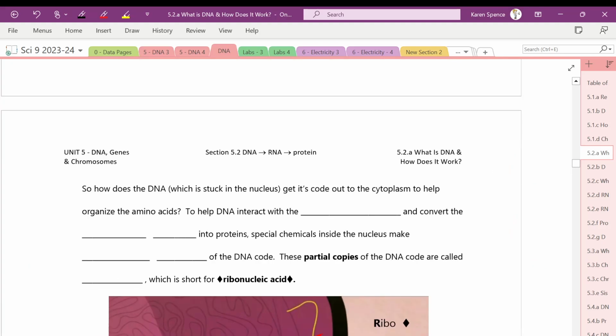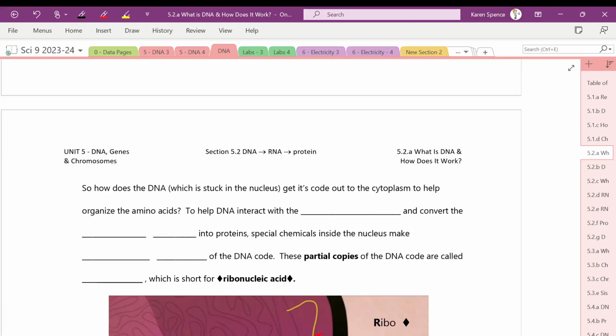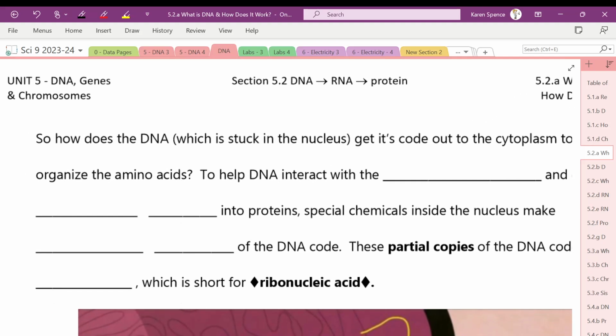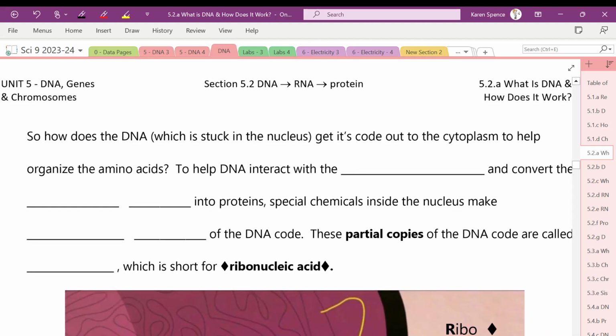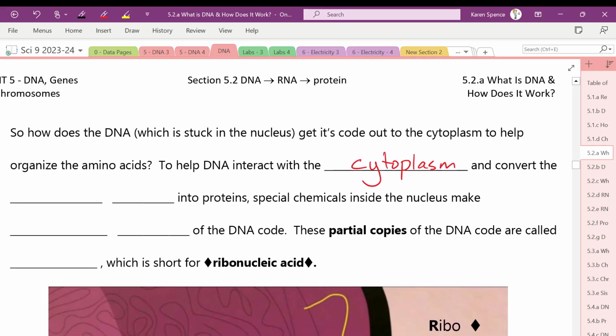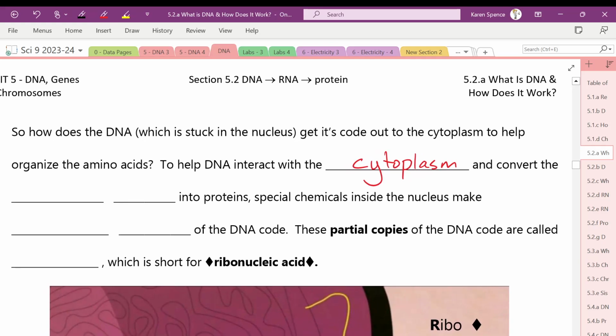All right. So how does the DNA, which is stuck in the nucleus, get its code out to the cytoplasm to help organize the amino acids? Well, what does it do? To help the DNA interact with the cytoplasm and convert what are we converting into proteins?